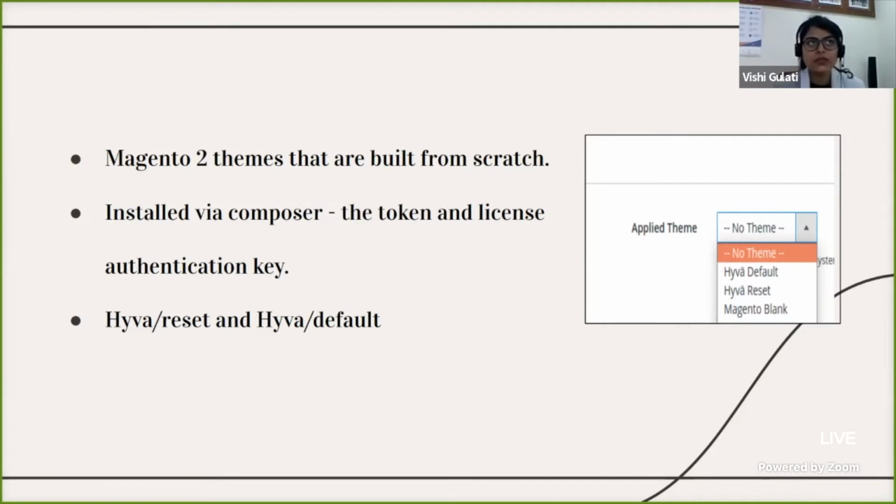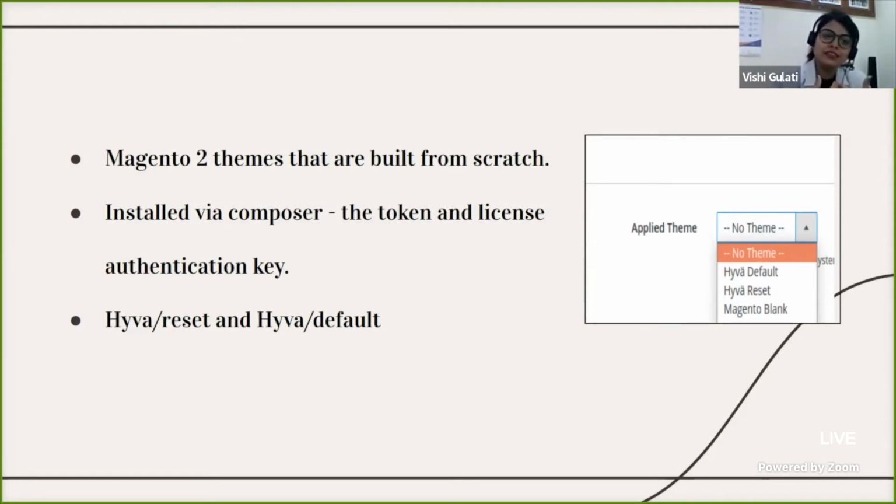Scratch means all the layout, all the PHTML, all the JS, all the CSS, everything is removed until you get a blank page, and then it paints the blank canvas again to provide a good e-commerce platform.